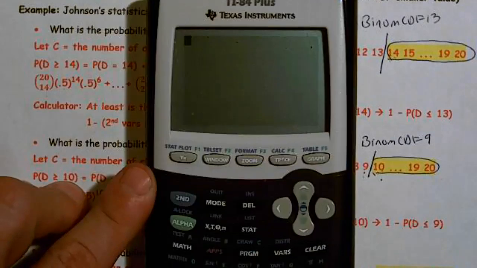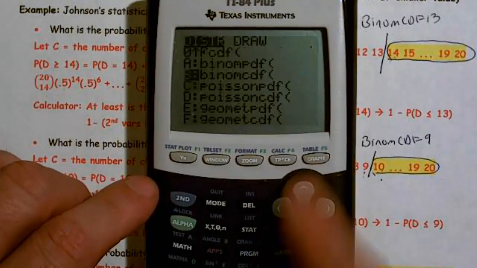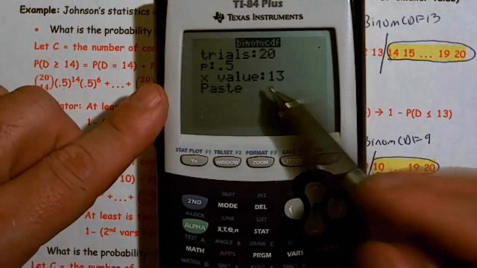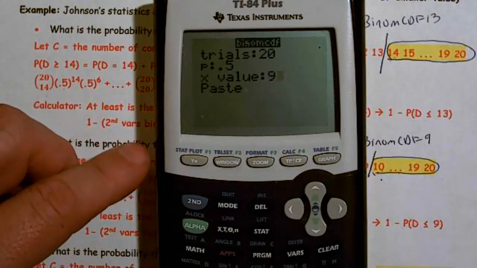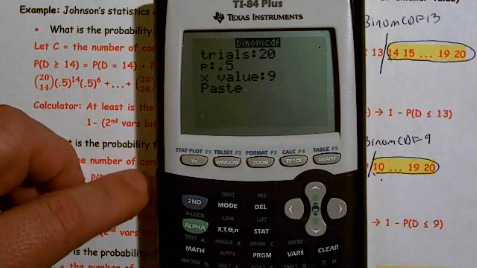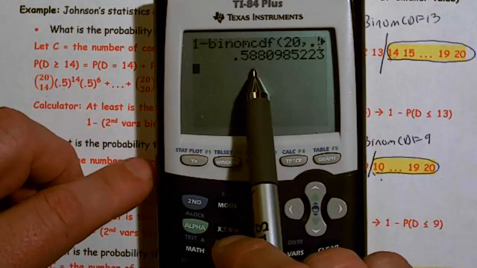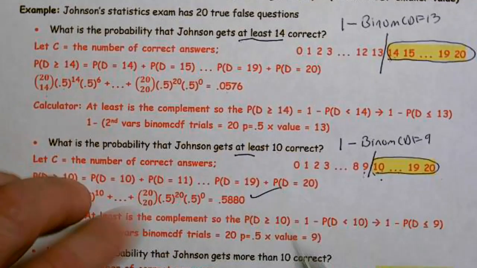So 1 minus 2nd VARS, binomial CDF, trials is 20, the probability is 0.5. The highest value that I didn't want was 9. I wanted 10, so I don't subtract it out. I subtract out the highest that I don't want, which is 9. And I find out that it's 0.5880 right here.